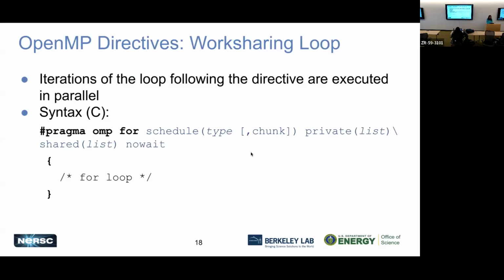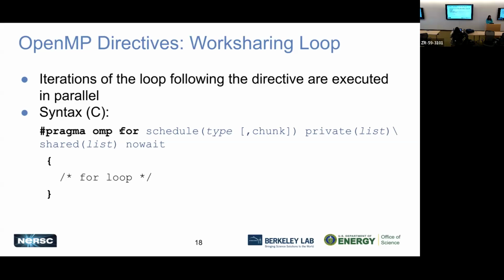So now I want to talk about the work-sharing loop. The beauty of this: in the previous example, each thread just printed its own thread ID. But the idea is that if I have a big loop and many threads, it's good for them to distribute the work. To do this, in C syntax, a loop is for i equals 0 to n minus 1, since C starts with 0.